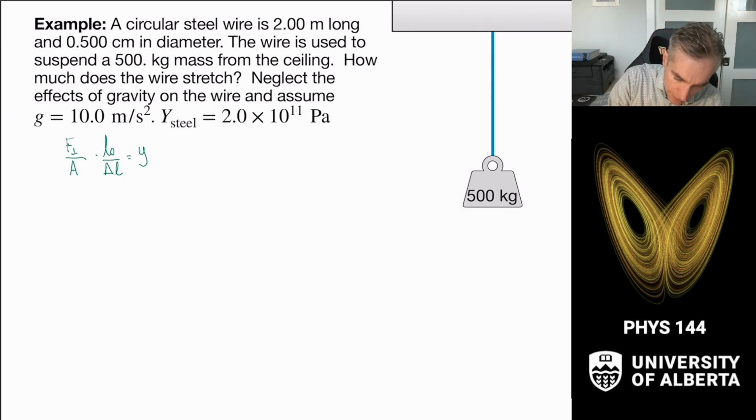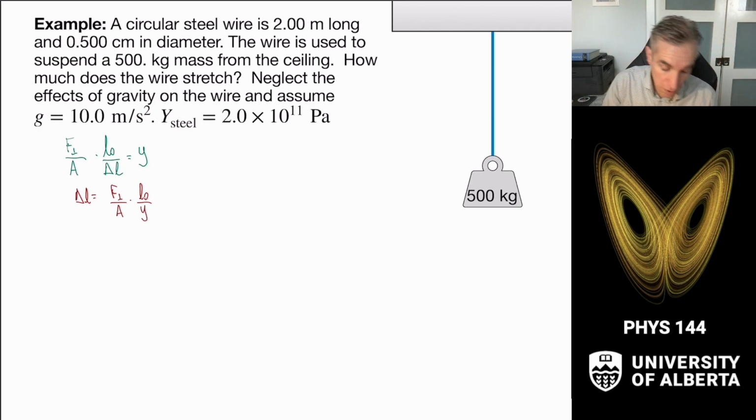What we have been asked to solve for is the change in length. So how much does the wire stretch? So what we'll do is solve this equation for the change in length. And so we get that the change in length is equal to F perp over the cross-sectional area times the original length over Young's modulus.